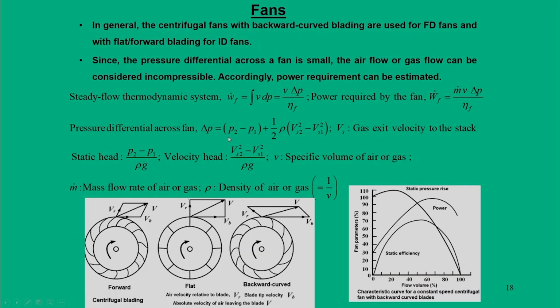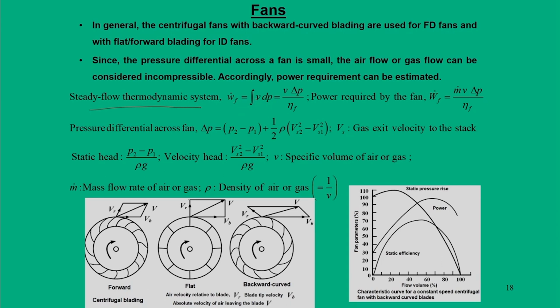So, whether you use backward curved or forward curved blades, at the end of the analysis we require the power required by the fan, which is W dot F. That can be calculated for a steady flow thermodynamic system, and the power requirement per unit mass is the integration of V dP.